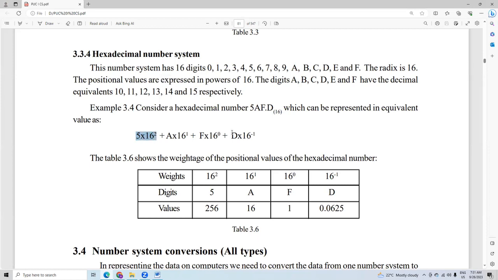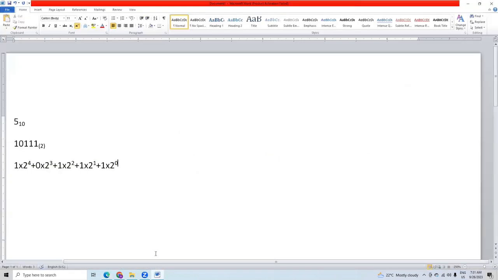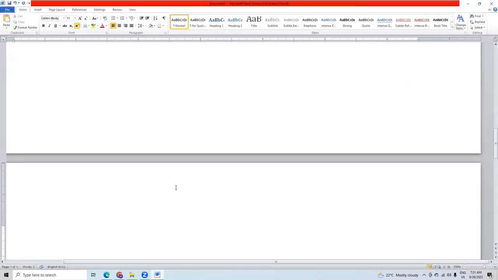After the decimal point, as usual, D into 16 raised to minus 1. So 16 raised to 2 into 5, 16 raised to 1 into A, where A stands for 10, 16 raised to 0 into F, where F means 15. It should be done like this. Anyhow, worked examples are there. We will verify there, or you can see once what they have done.